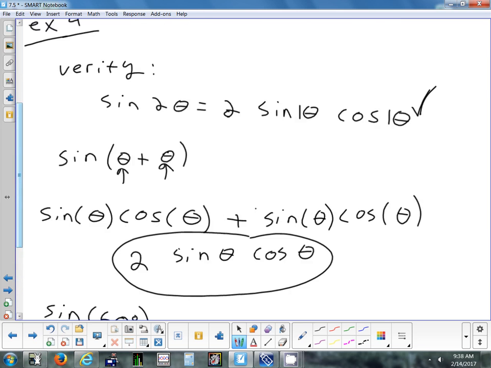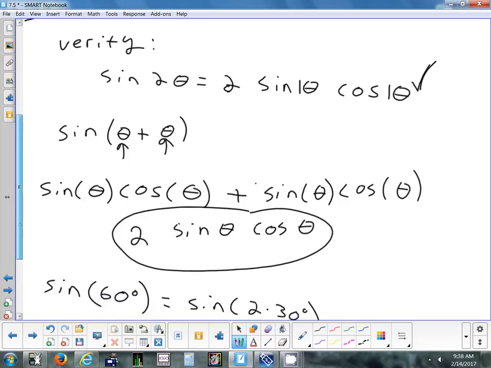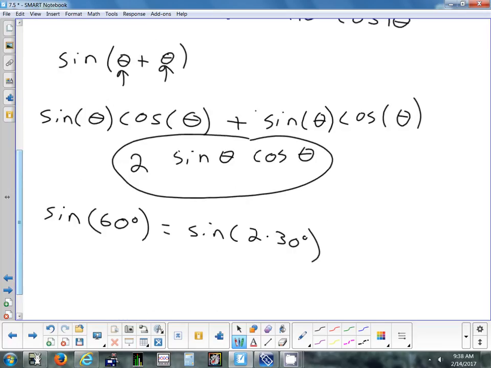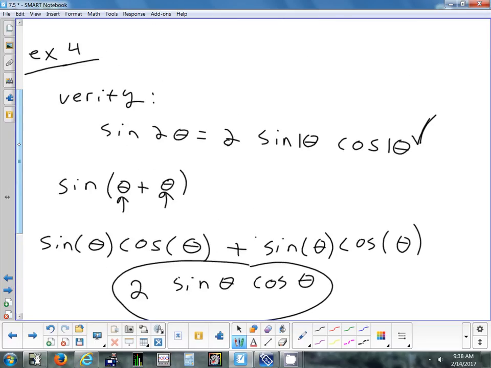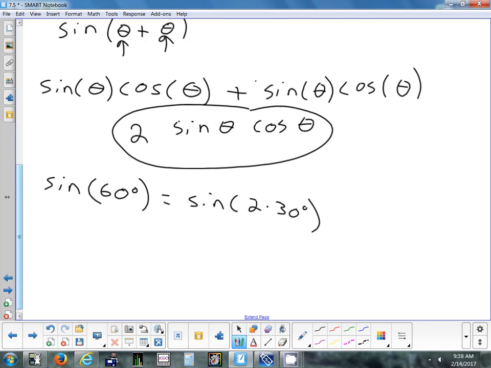If you couldn't figure out the sine of 60 for some reason, but you know how to work with 30, you could rewrite it using this, where 30 would be taking the place of theta. So it would be 2 sine 30 cosine 30. If you could figure that out, that would be the sine of 60. We generally don't do that a lot, and we don't do as much arithmetic with these.